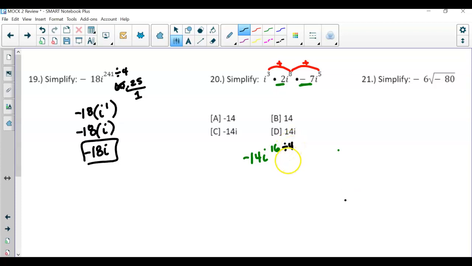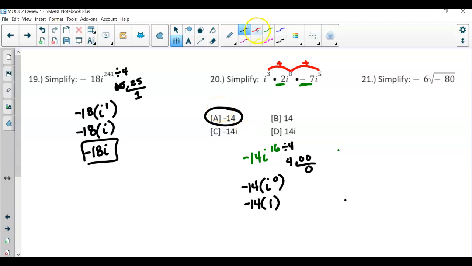Well, 16 divided by 4 is a whole number 4, which is 0.00, meaning you have 0 quarters. So this is negative 14 times i, but not to the 16th power, now i to the 0. And anything to the 0 power is 1. Negative 14 times 1 is just negative 14. So that's why here the answer is A.